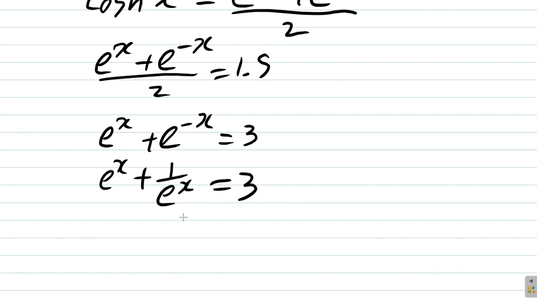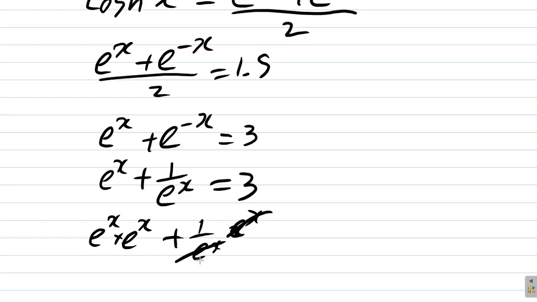So, if we multiply both sides now by e to the x, we get e to the x times e to the x, plus 1 over e to the x times e to the x, and they cancel. So, it's plus 1. And this is equal to 3 times e to the x.